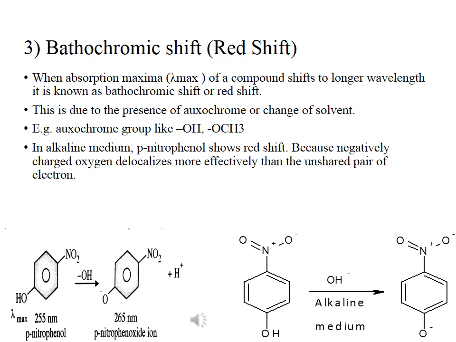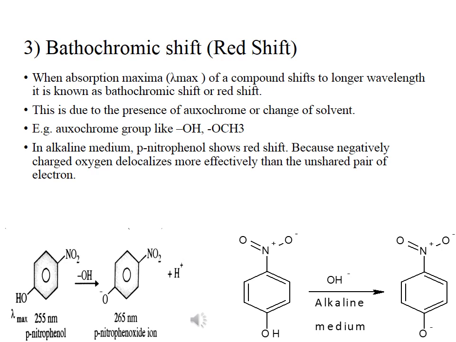Now the first example is para-nitrophenol. As you can see, if we change the medium by adding an alkaline medium, there will be a change in the wavelength. Earlier, para-nitrophenol absorbed at only 255 nanometer.